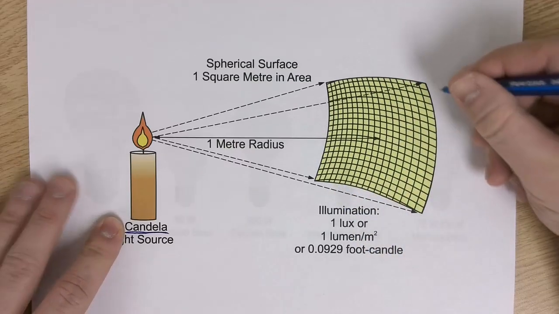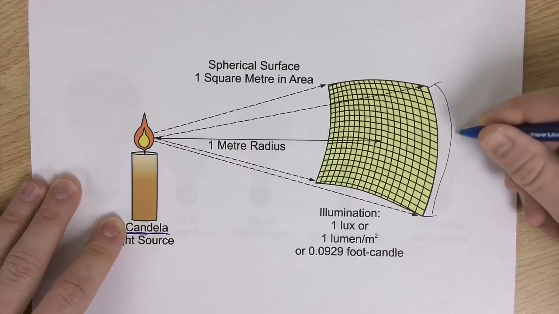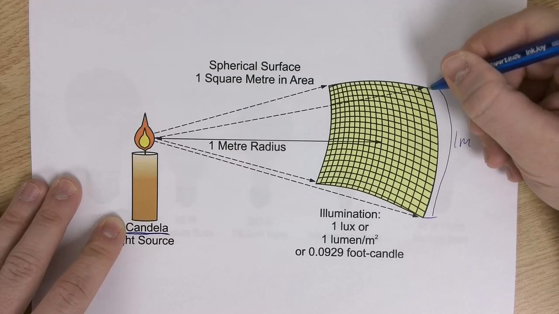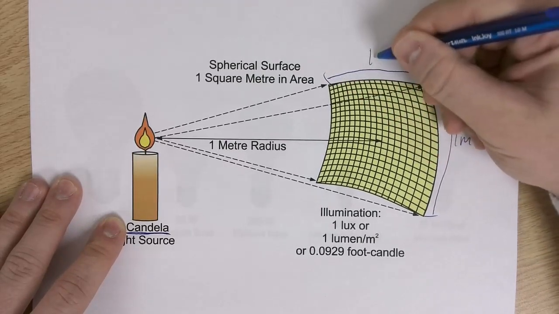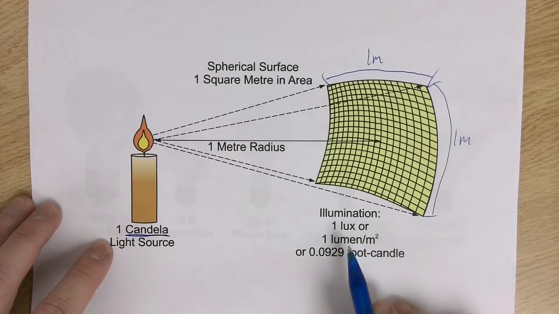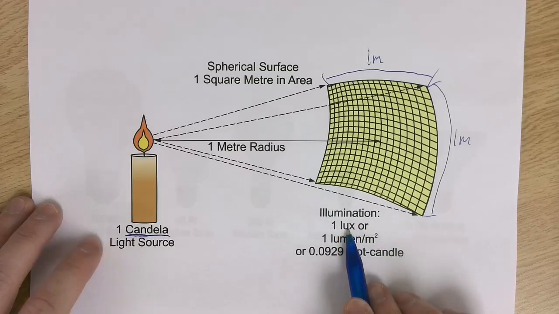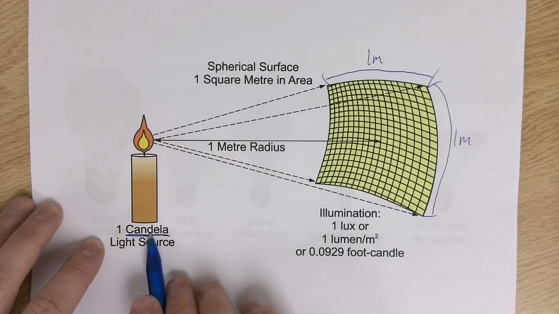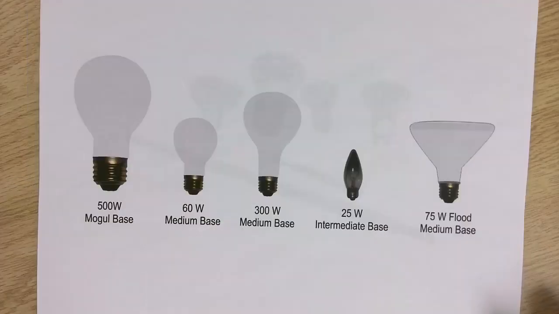So from here to here is 1 meter. Here to here is 1 meter, and that's how they get a meter squared, in case you're wondering. So 1 candle per second, over a meter squared would also be our lux. So candela, lumen, lux are some new terms.